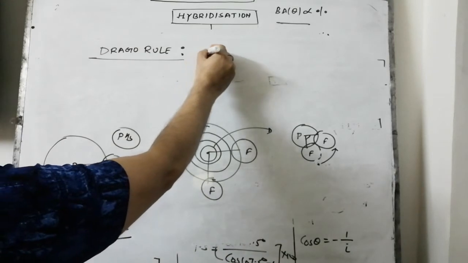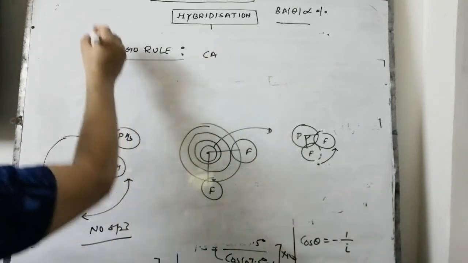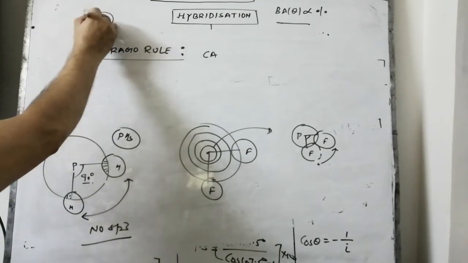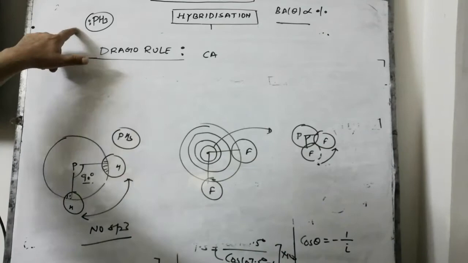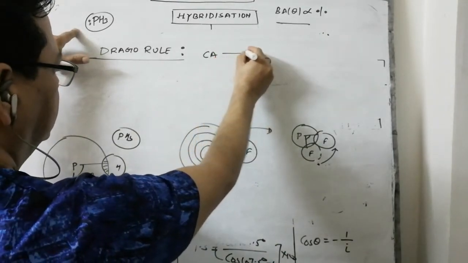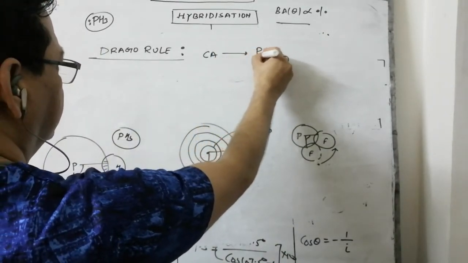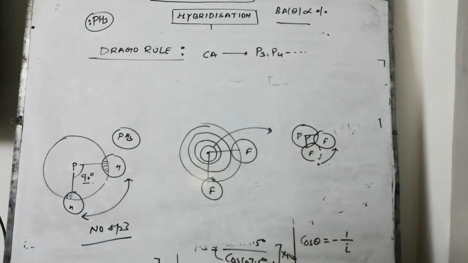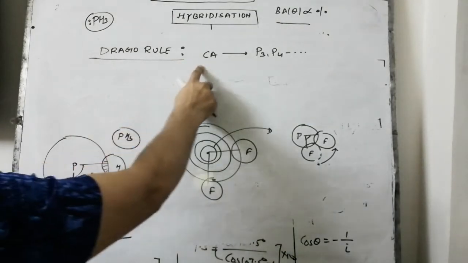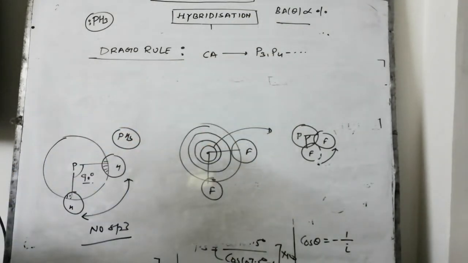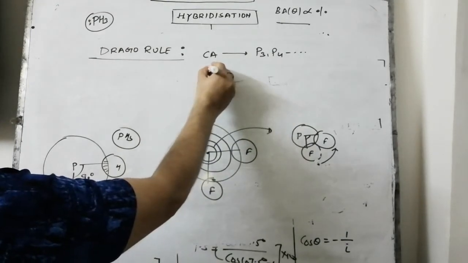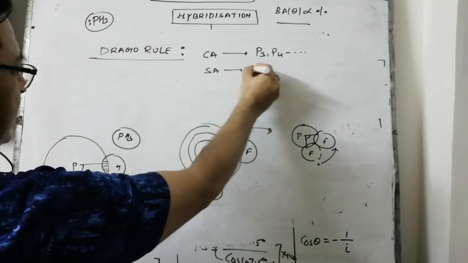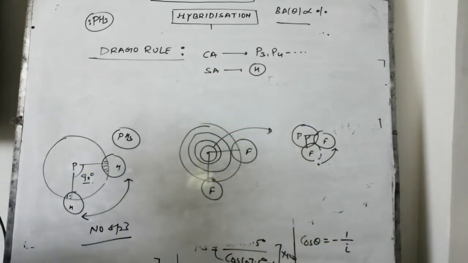It says that if the central atom, you can make the definition keeping this in your mind, belongs to the third period, P3, P4, P5, P6, just like this, the third period and onward, and the side atoms are essentially hydrogens.